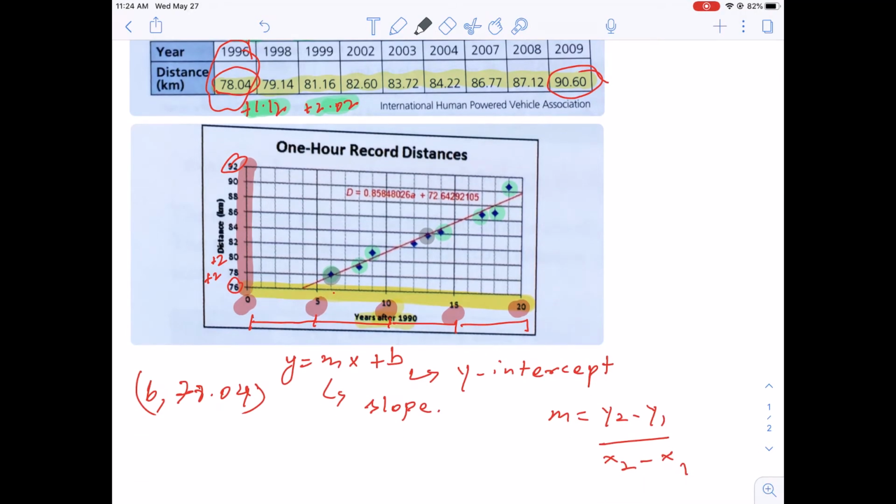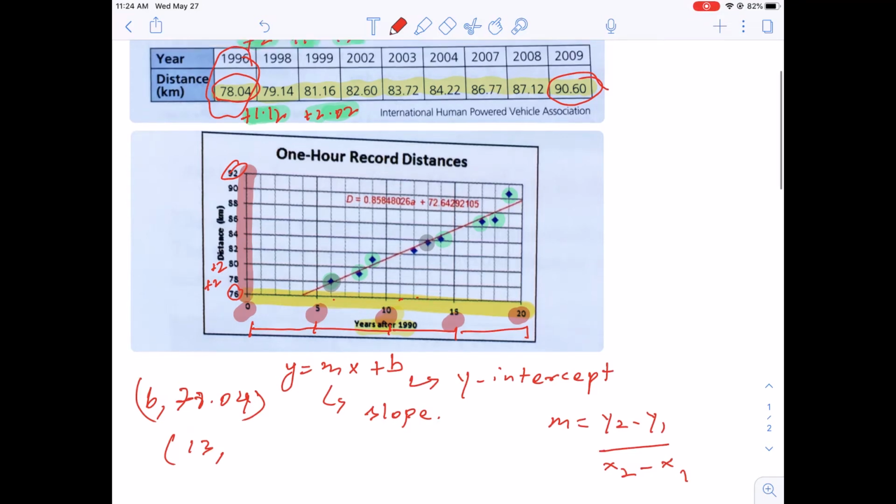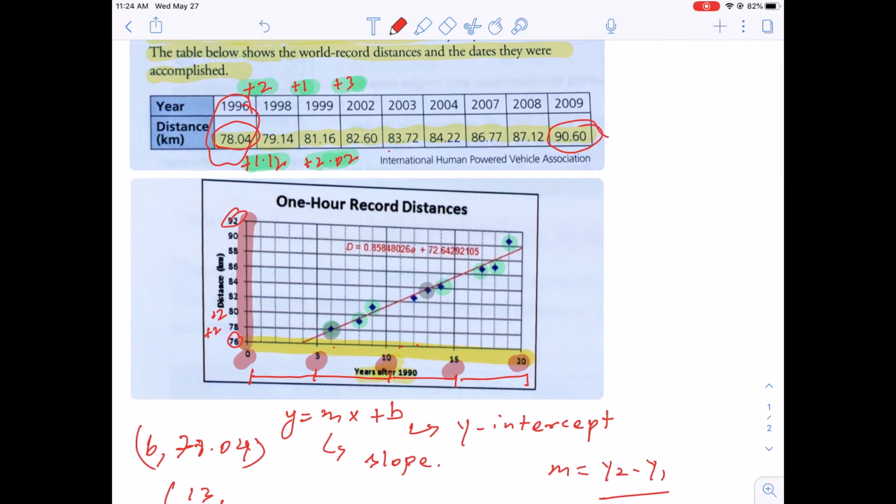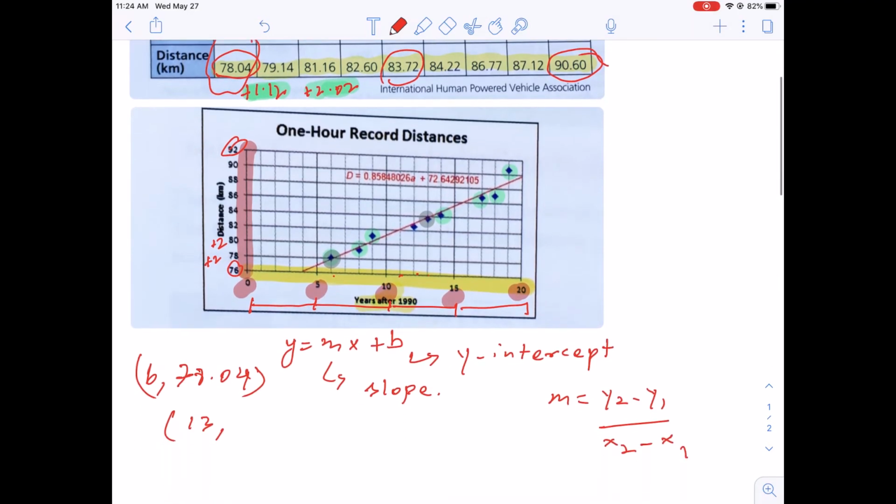So 13: 10, 11, 12, 13. So the x value will be 13 right here, and y for 2003 is 83.72.